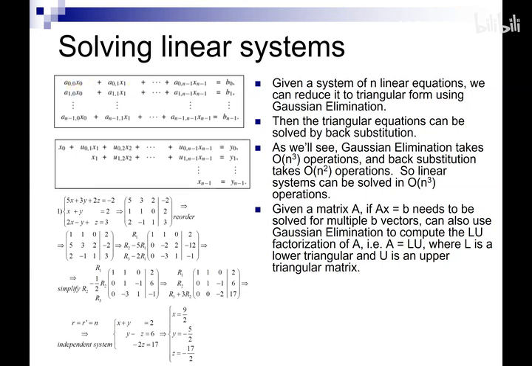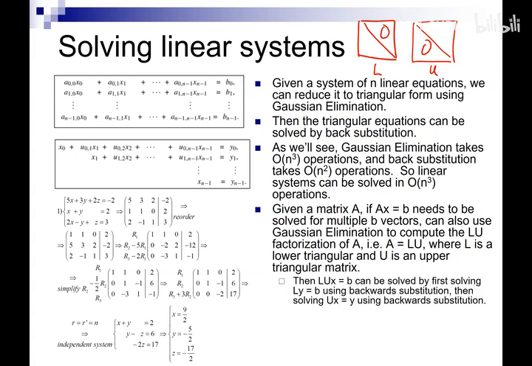LU factorization is basically writing A as a product of L and U. These two are also n by n matrices, and L is going to be lower triangular, meaning all of these upper values are 0. And then U is going to be upper triangular, where all of these bottom values are 0. So you can write A as a product of L and U.